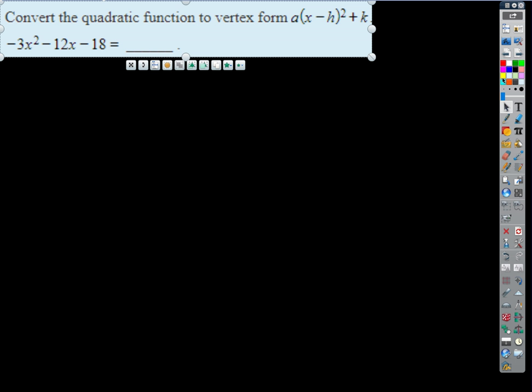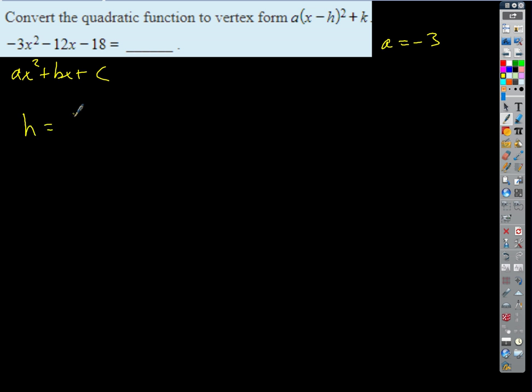So right away, we can see what's the value of a? -3, isn't it? Because this is in the form ax squared plus bx plus c, right? So a is, just by inspecting that, the coefficient of x squared is a, and a is -3, right? Okay, now our trick. If we want to find h and k, you just got to remember that h is what again?